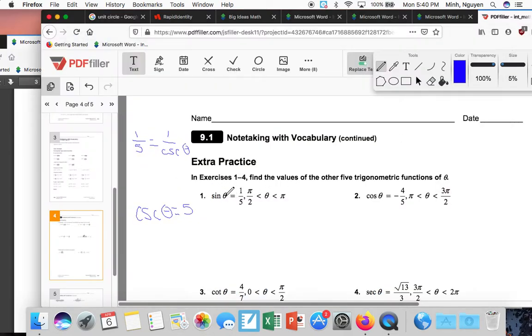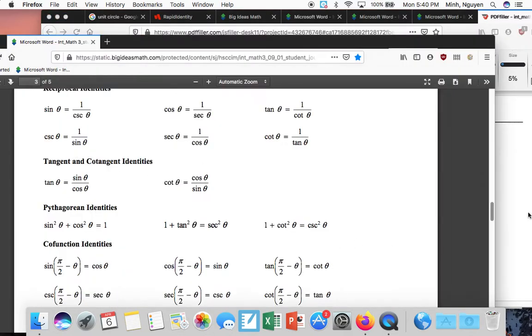So I only know sine, and now I know cosecant, and I'm trying to find everything else. And one of the identities I can use knowing sine to find cosine is this one. And then if I have cosine and I need to find sine, then I can also use this one. So it says sine squared plus cosine squared equals 1.